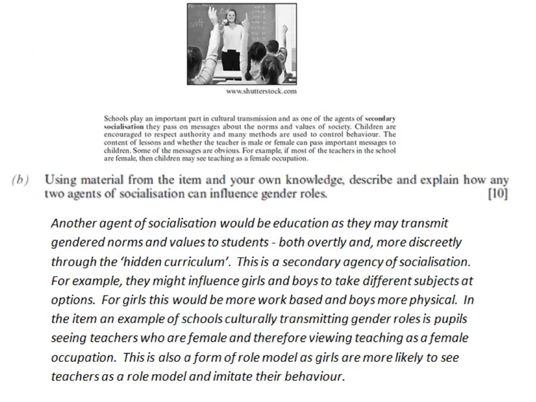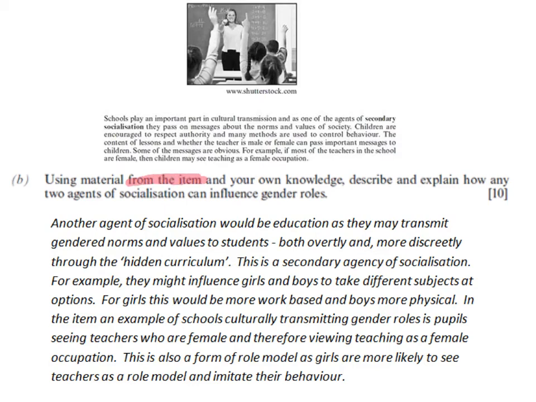Now, in addition to describing the way in which the family influences gender roles, your answer would also need to contain some analysis of how schools can also influence gender roles. And the reason that you need to focus on the role of schools is the question, remember, always instructs you to use material from the item.